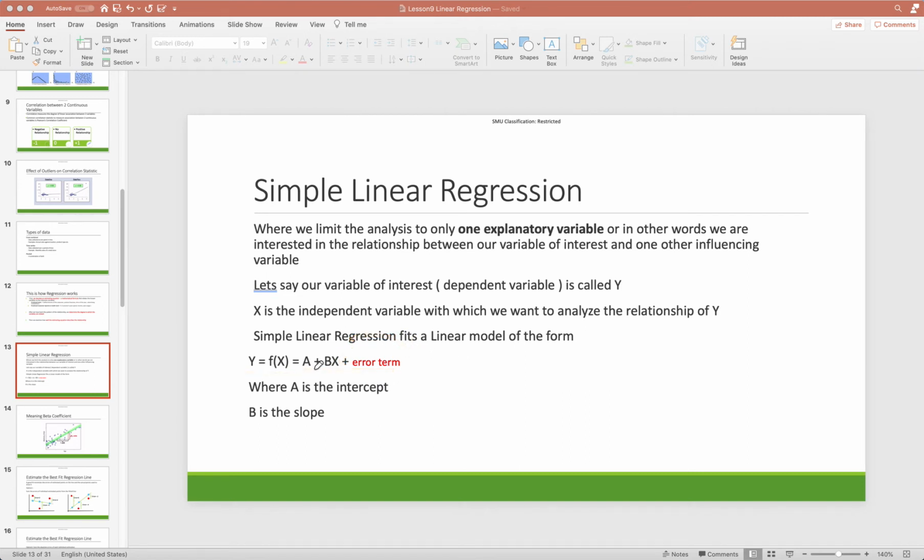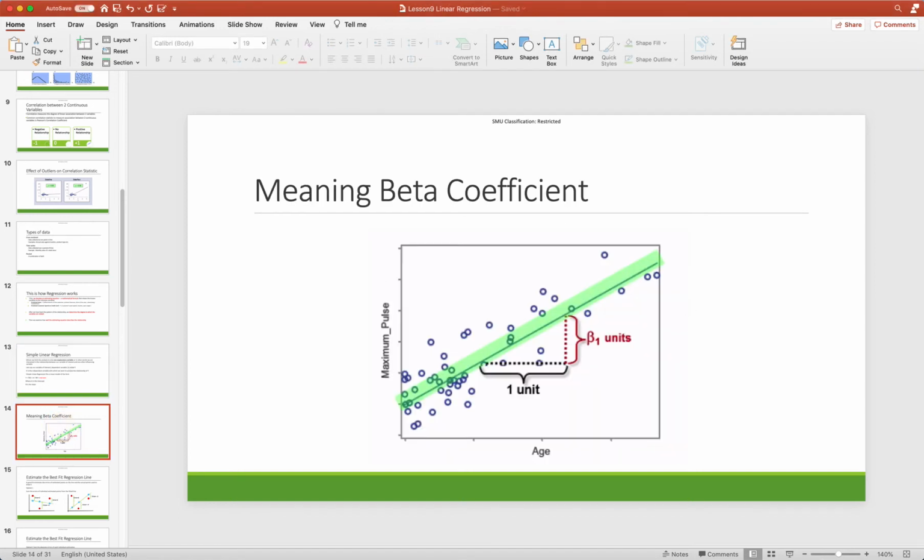Now you know from your concepts in math that in this equation a is the intercept and b is the slope. So let's understand what this b really means, because it has a very important interpretation when it comes to regression equations. The coefficient or the slope b is also sometimes known as the beta coefficient. Let's take this example.